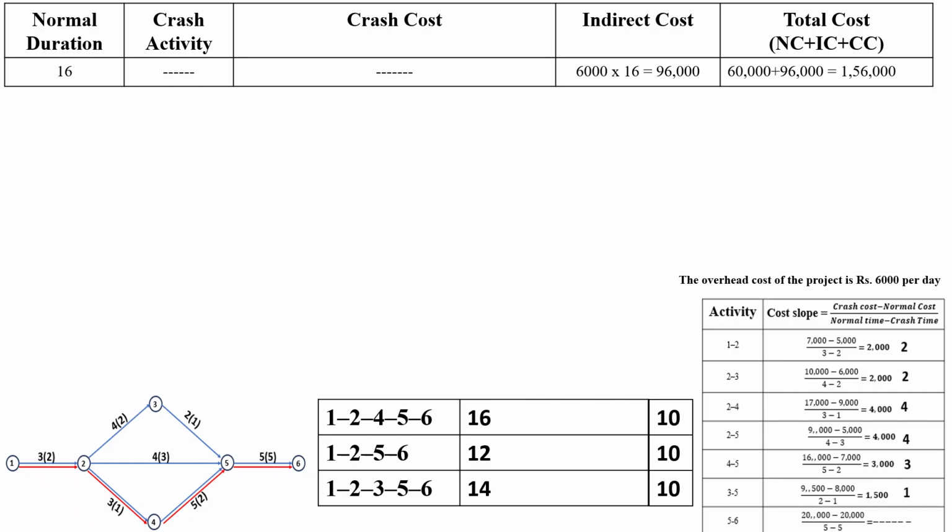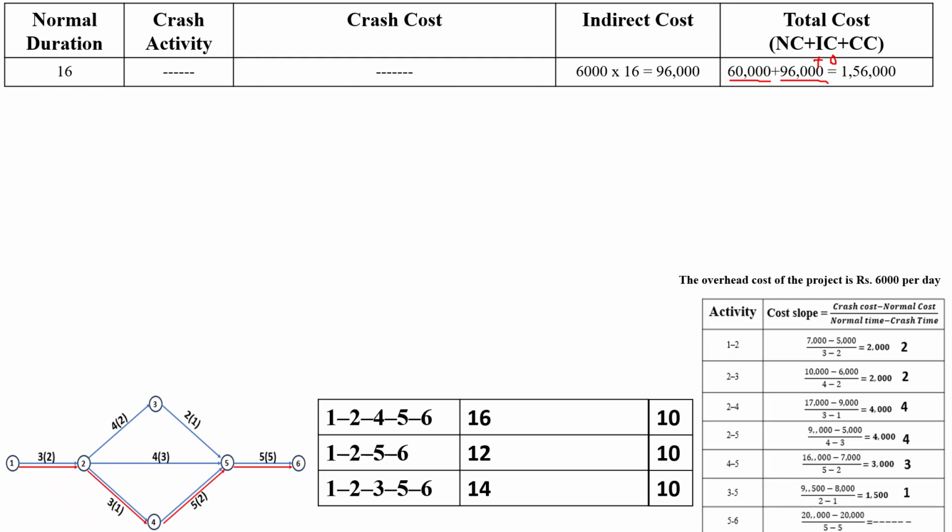The indirect cost will be the overhead cost of 6,000 times 16 days, so it is 96,000. The total cost will be the normal cost, 60,000, plus indirect cost, 96,000, plus crashing cost, 0, which is equal to 1,56,000.